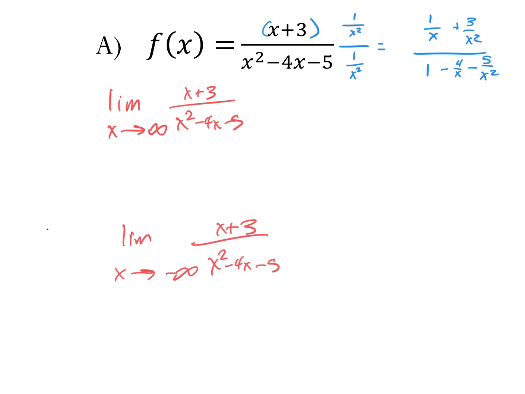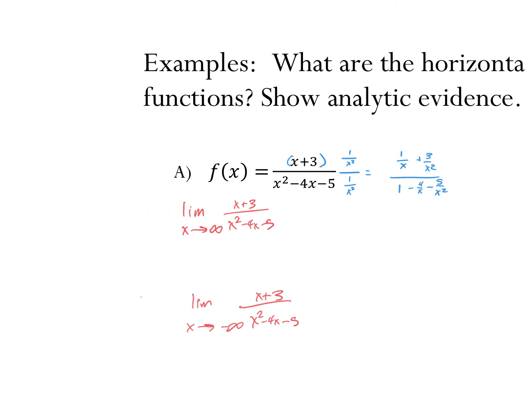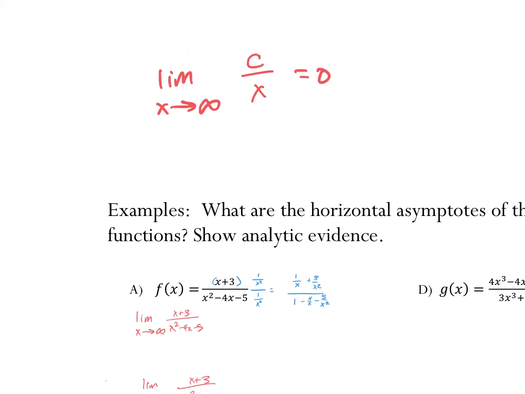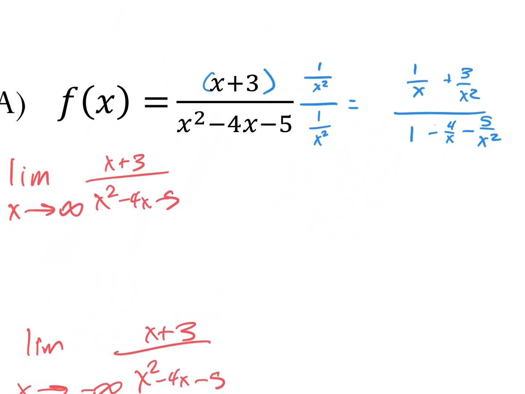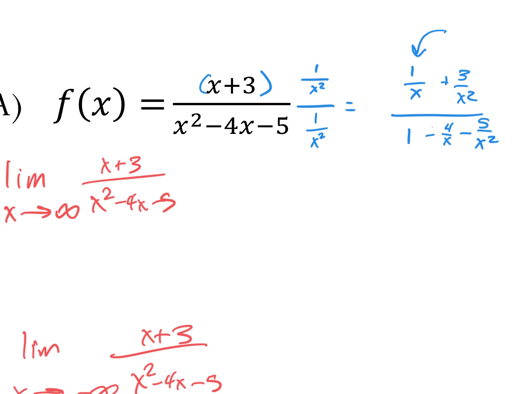Now, what we're allowed to use is the limit as x approaches infinity of some number over x. Yes? So now, as x approaches infinity of 1 over x, what is the value of that fraction? 0. Plus, what about the value of this fraction? 0.